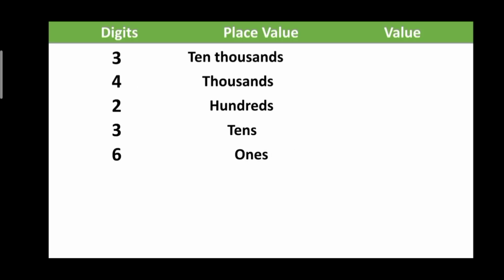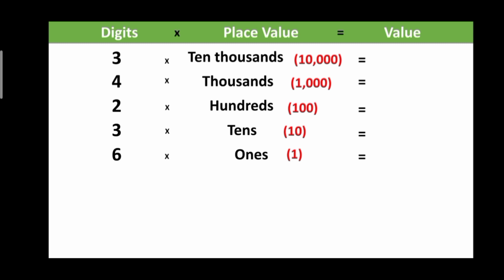After identifying the place value of each digit, we can now identify the value of each digit by just multiplying the digit to their place value. Look what will happen to the illustration. You see, each digit has its own value.